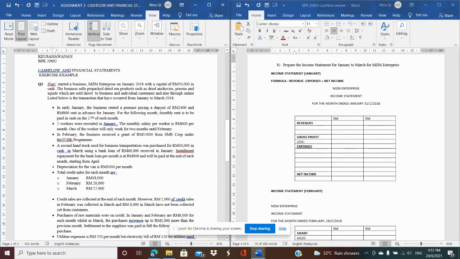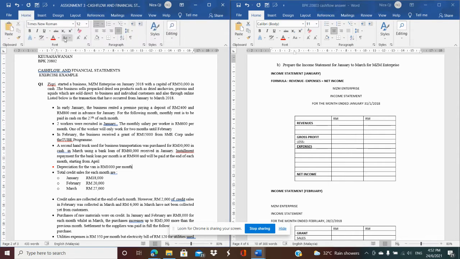For the income statement, I will also use the highlighter, but I'm going to use other colors so that you will not be confused with the colors I have used previously. I'm going to use the light blue one for the expenses and a pink one for the revenue.